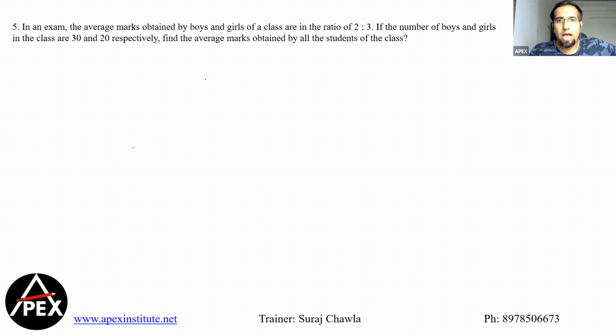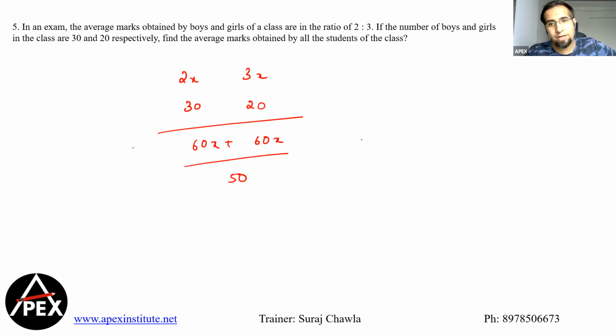So here I say the average is 2x and the average is 3x, but the number of boys is 30 and the number of girls is 20. Let's see. The sum total is 60x and the sum total is 60x, but the denominator will be 50, which means I cannot determine my answer. Clear, guys?